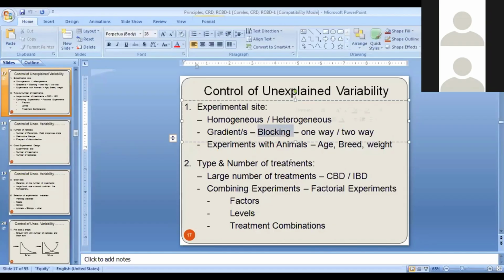When there is a gradient, I simply took an example as far as I remember. When you have a slope, for example, the land you are cultivating.